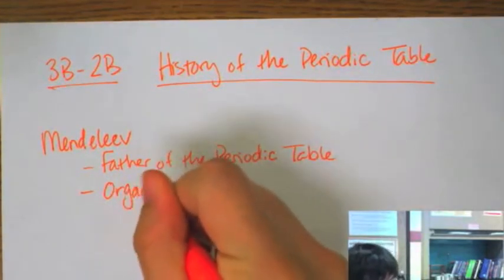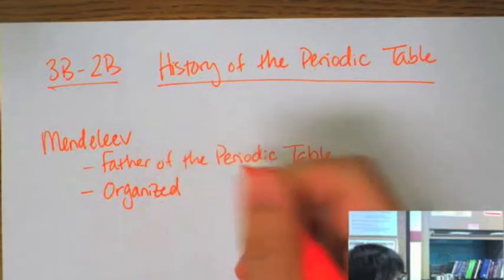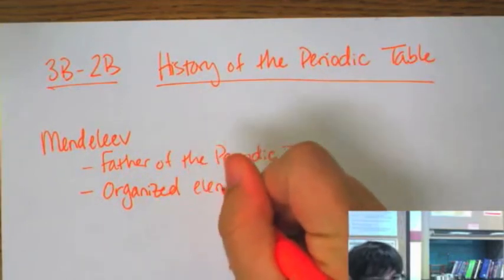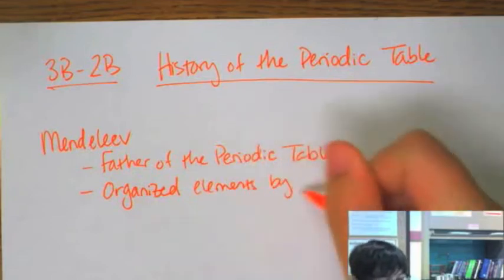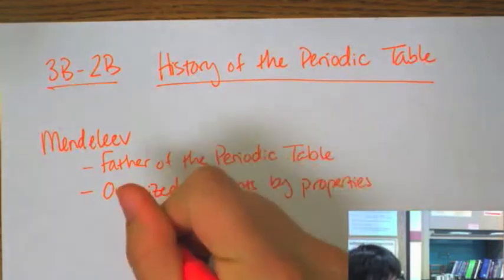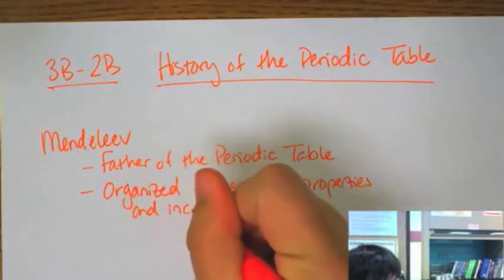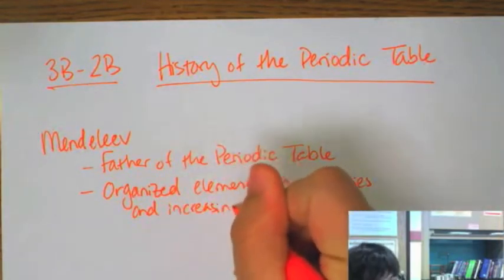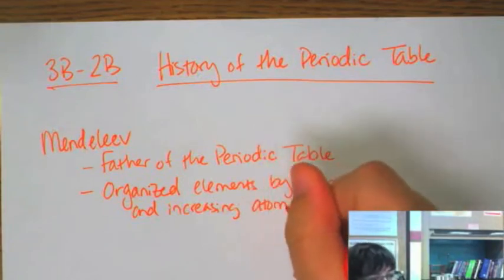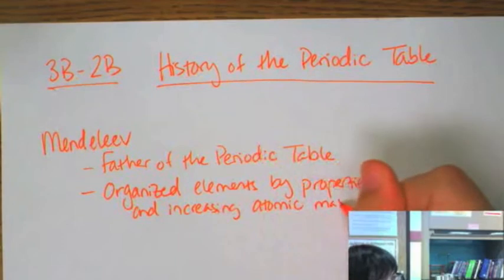He wanted them to be together based on properties and increasing atomic mass. Do you remember what properties are? So, talking about properties, that's just interesting qualities that these atoms might have.